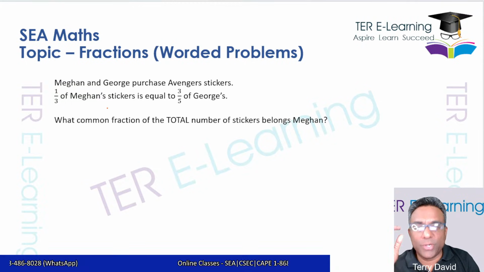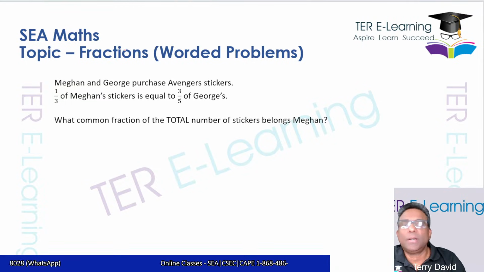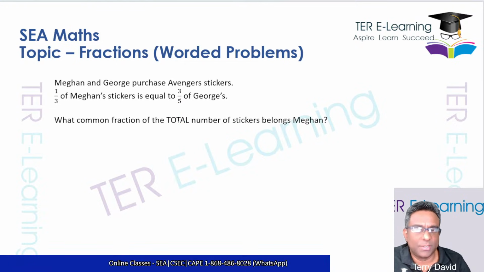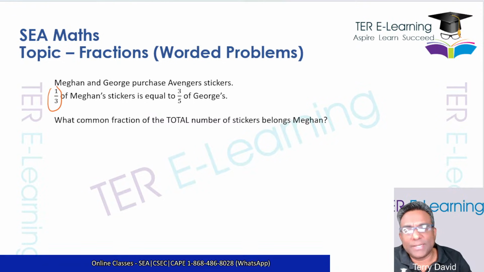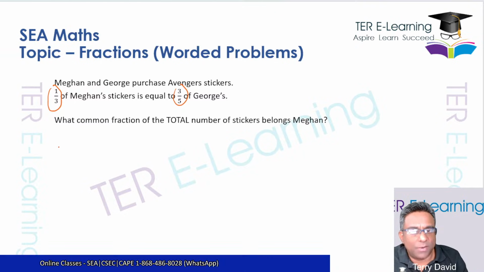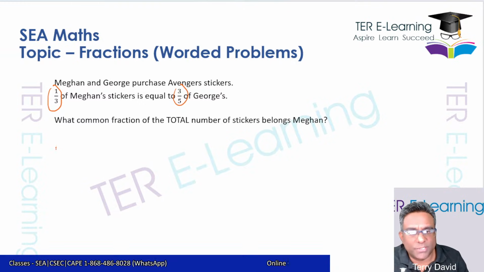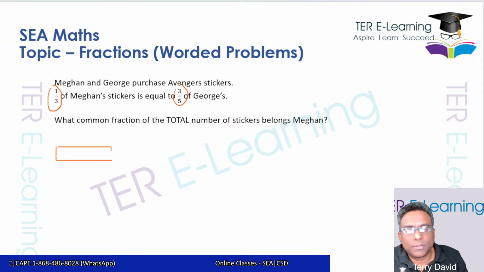So here's how we're going to work a problem like this. 1/3 of Megan's stickers is equal to 3/5 of George's. All right. Now, when you have a question like this, where we're trying to make a comparison, the best thing you can do here is this.